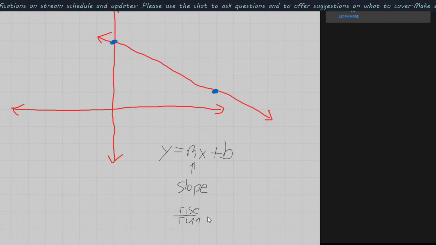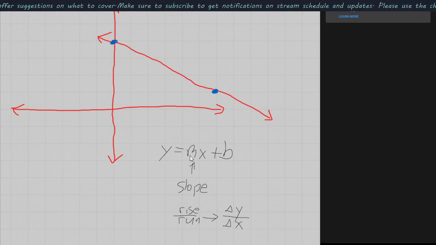So another way to say that is change, that's what that little delta symbol is, it means change in y over change in x, and what that means is what's our change in our y coordinate over our change in our x coordinate. So how did we get from this point to this point in terms of going up or down and then left or right?